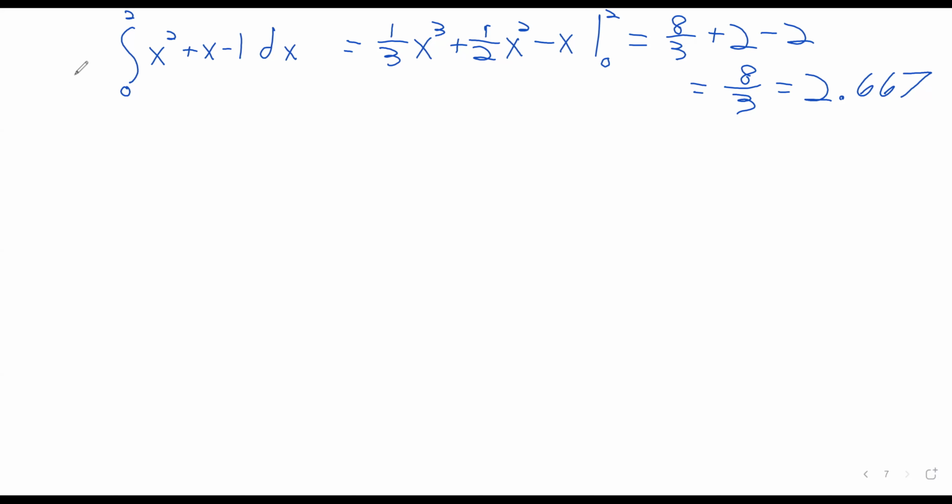Whereas here, integral from 0 to 2 of x squared plus x minus 1. And we get this. And it doesn't rely on us asking the question in any specific way.